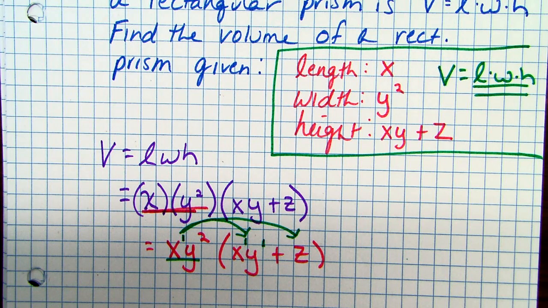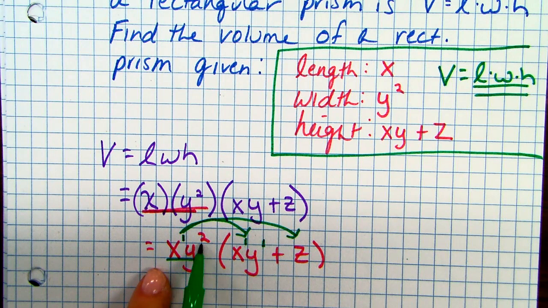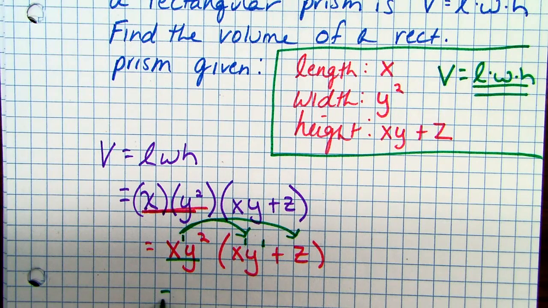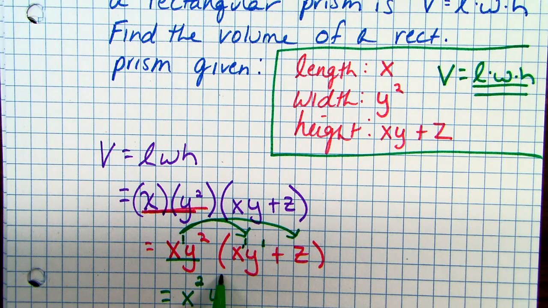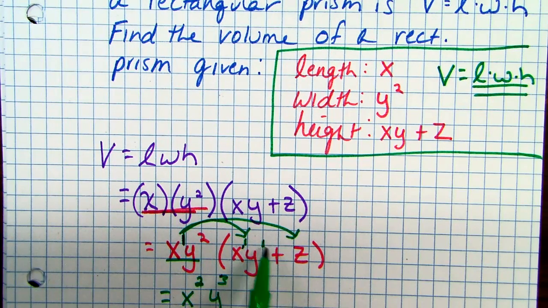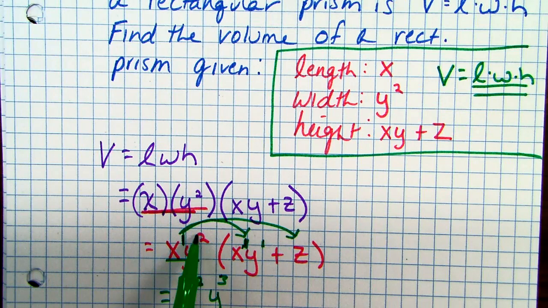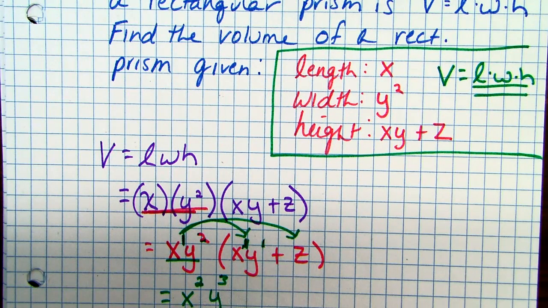Okay, so xy squared times xy. So x to the first times x to the first is x to the second. 1 plus 1, right? And then y to the second times y to the first is y to the third. 1 plus 2, right? 1 plus 1 is 2, and 2 plus 1 is 3.